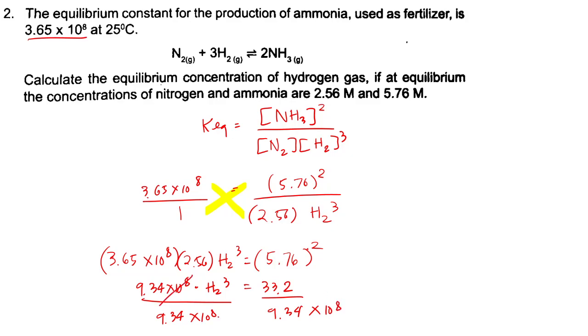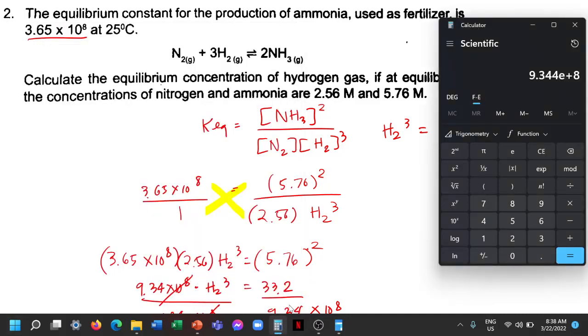Then we can cancel this one. What's left on this side is H2 cubed. Then let's divide: 33.2 divided by 9.34 times 10 to the power of 8.